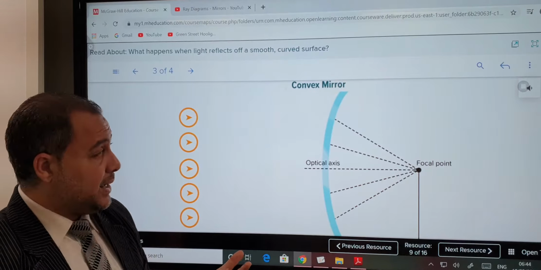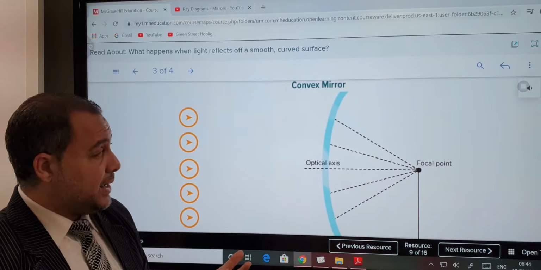Yes, produced from the intersection of reflected rays. So that's the difference between them. In a concave mirror, from the intersection of reflected rays, but in a convex mirror, from the intersection of the extension of reflected rays.